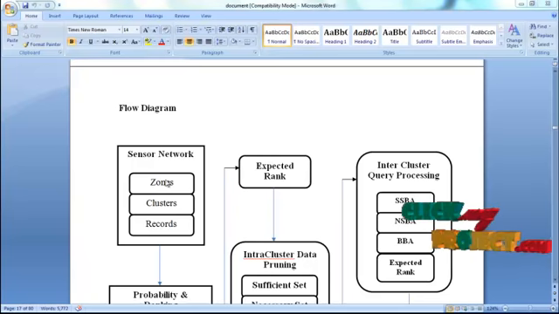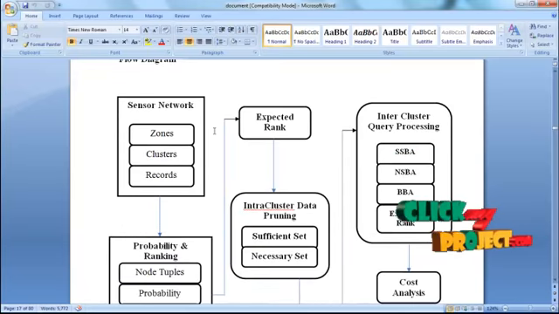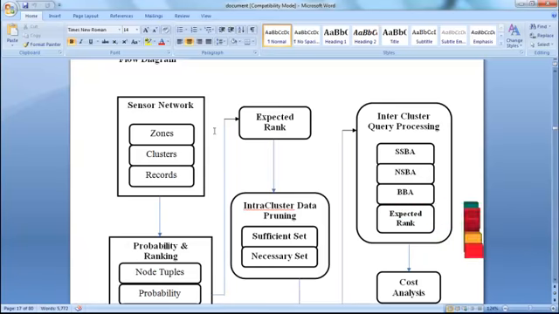Here we first construct the network in the wireless sensor area. In this wireless sensor network, there are three parts categorized, that is zone, cluster, records. In zones, our wireless area network is categorized into a number of zones, and clusters are based on the zones, and records are based on the zones and clusters.